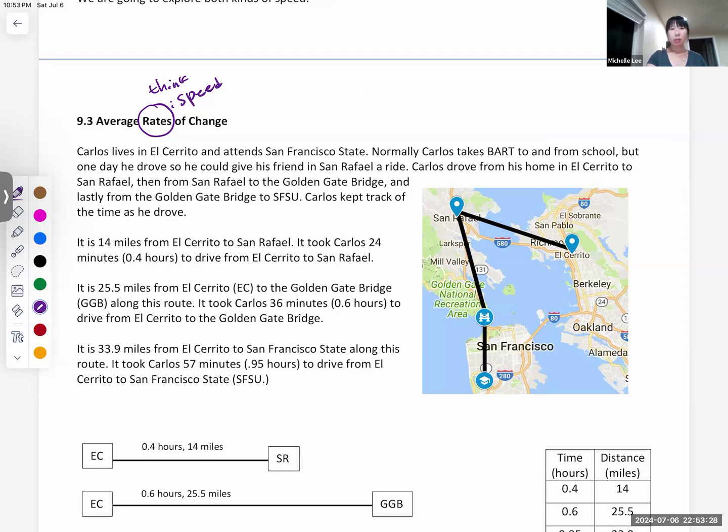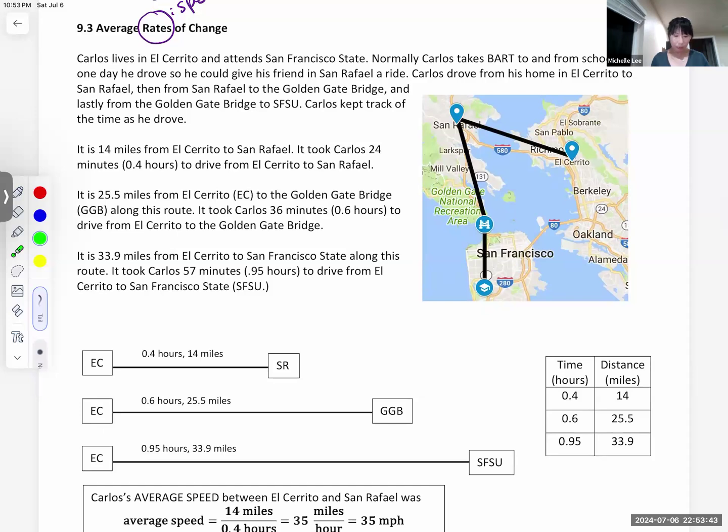Now, Carlos lives in El Cerrito and attends San Francisco State. Let me read this one. From El Cerrito to San Rafael, it took Carlos 0.4 hours and 14 miles, so from here to here.